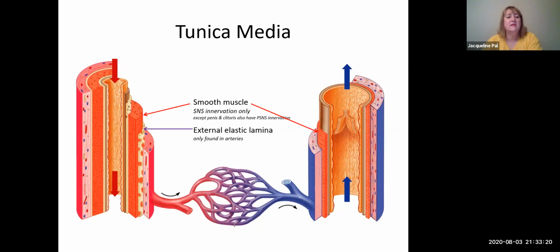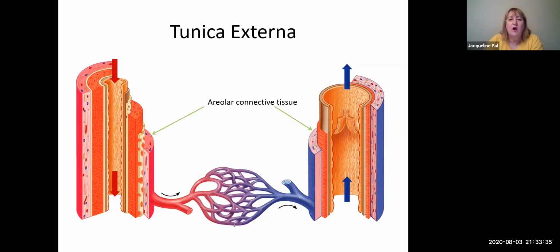On the arterial side, once again, we have this layer that looks Swiss cheesy, and this is another thicker layer of elastic tissue known as the external elastic lamina. Going deep to that, we are in the tunica externa, which is just a regular connective tissue, except in our large vessels, such as those great vessels in the thorax, the aorta, the superior and inferior vena cava, those big blood vessels.